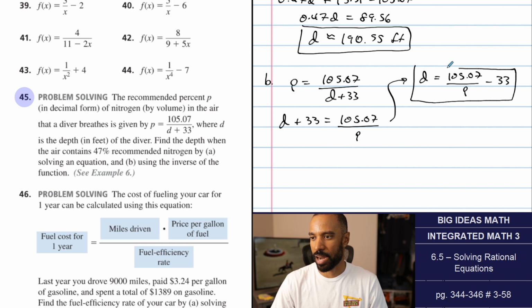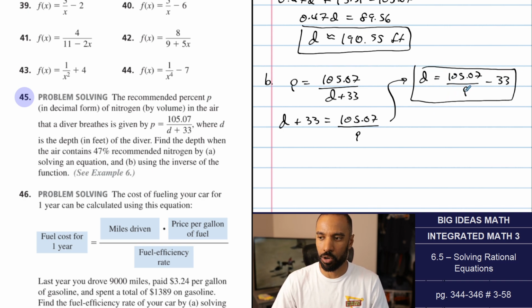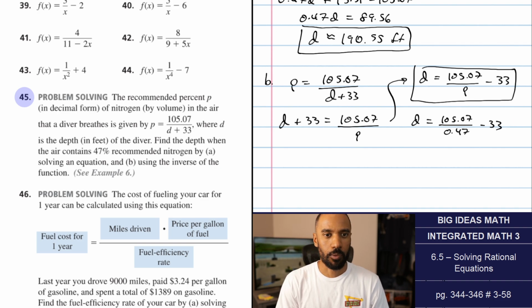So here's a version of that equation, and now we substitute 0.47 in for P. So 105.07 over 0.47 minus 33. And when I do that, I get the same answer. So the 190.55 feet of depth.